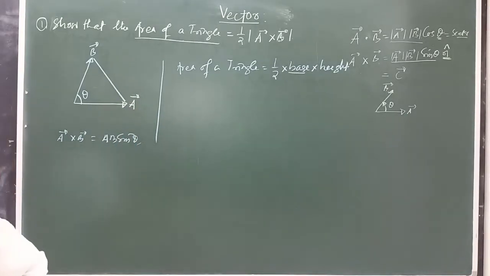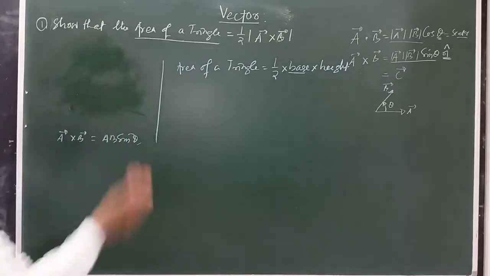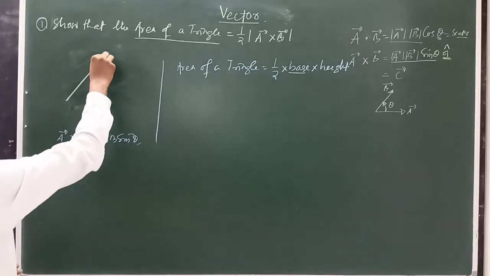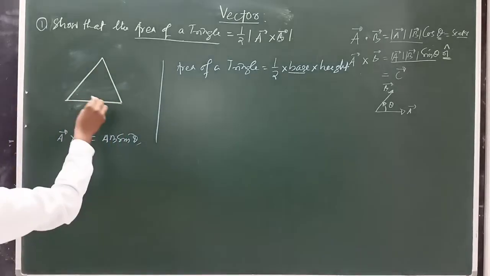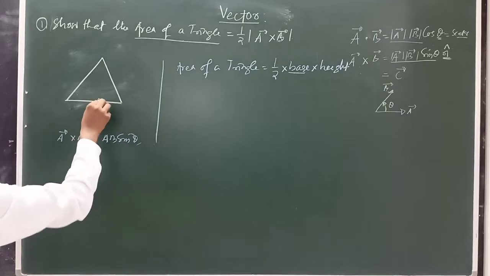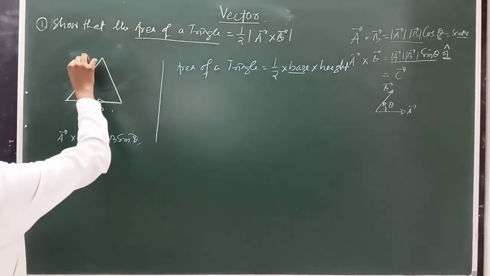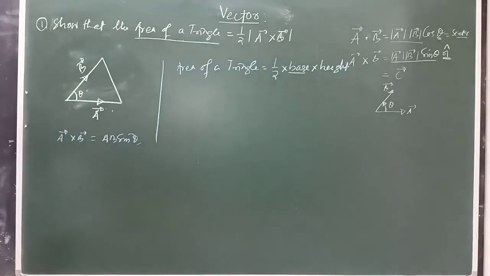If you draw a triangle here, suppose one triangle with its two adjacent sides, a vector and this side b vector, and the angle between them is theta. Now we have to find the area of this triangle.